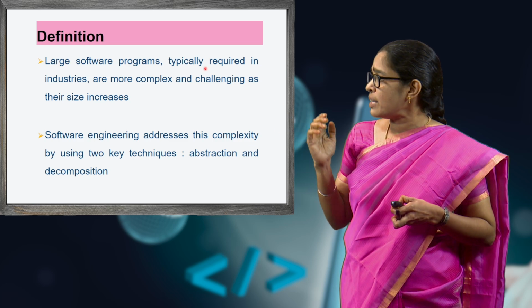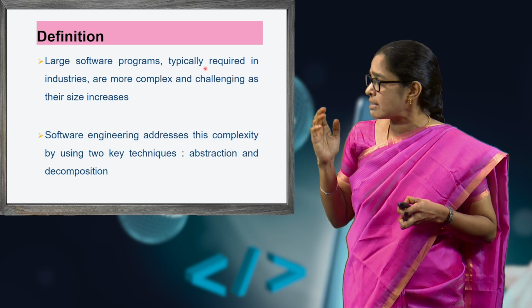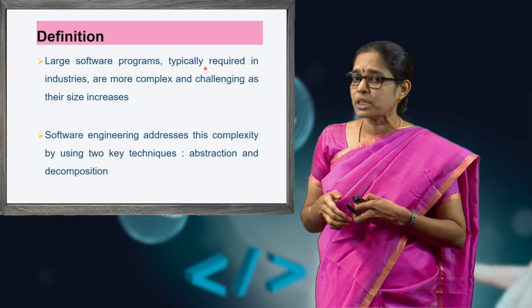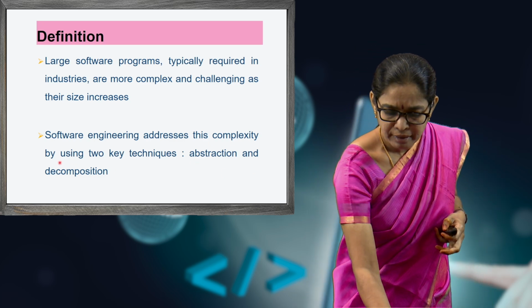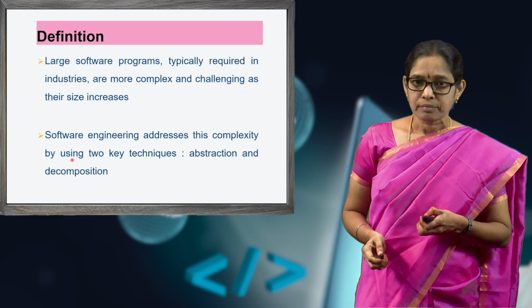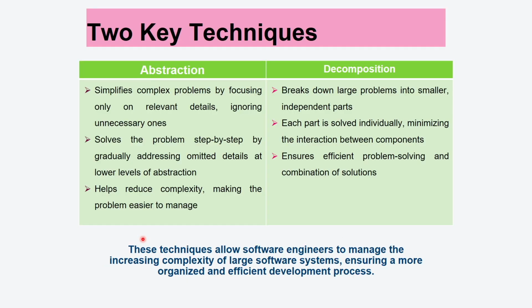So, software engineering addresses this complexity by using two key techniques, abstraction and decomposition. Abstraction simplifies complex problems by focusing on the relevant part and ignoring the irrelevant portions.